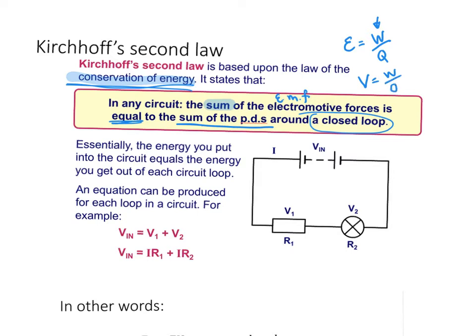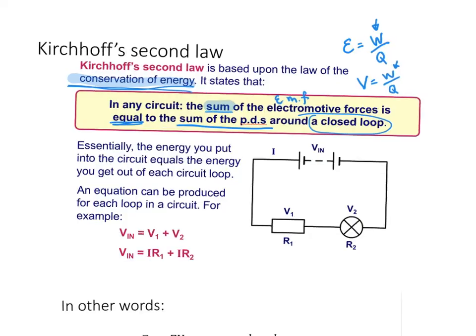So they're both based on energy per unit charge. So what it's saying is that the sum of energy given by the battery should be equal to the sum of the energies given out in each component around a closed loop.